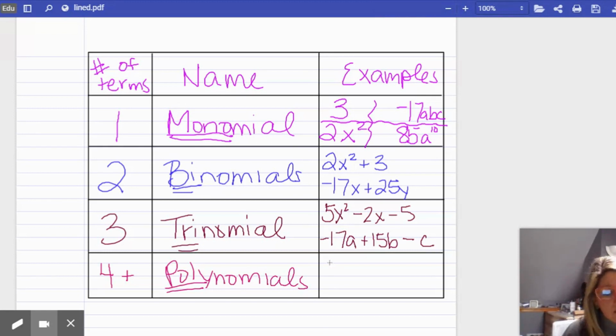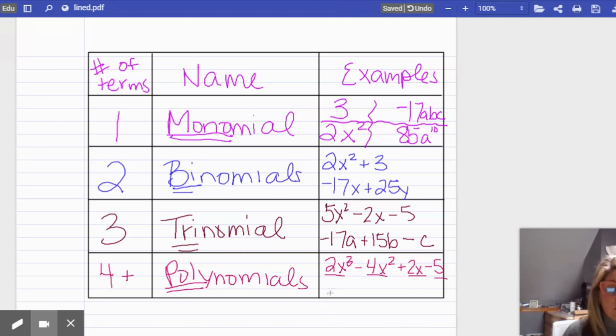An example of that could be 2x cubed minus 4x squared plus 2x minus 5. I have a minus, a plus, and a minus. That separates my terms: 1 term, 2 terms, 3 terms, 4 terms.